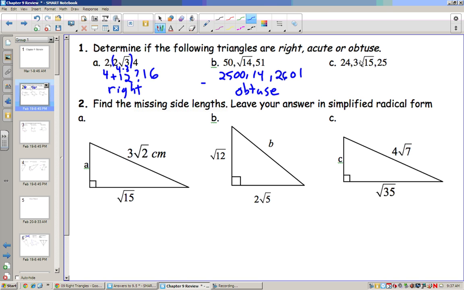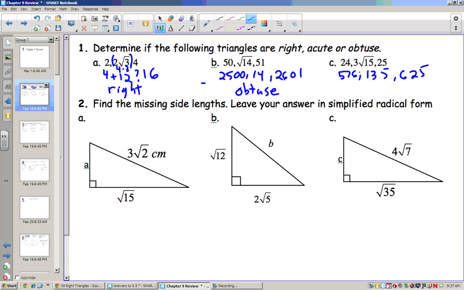Let's do the same thing for these three numbers. 24 squared is 576. If I want to square this, it would be 9 times 15. 9 times 15 is 135. And 25 squared is 625.